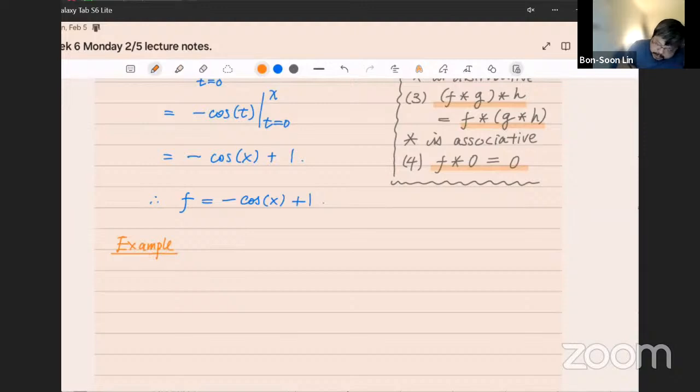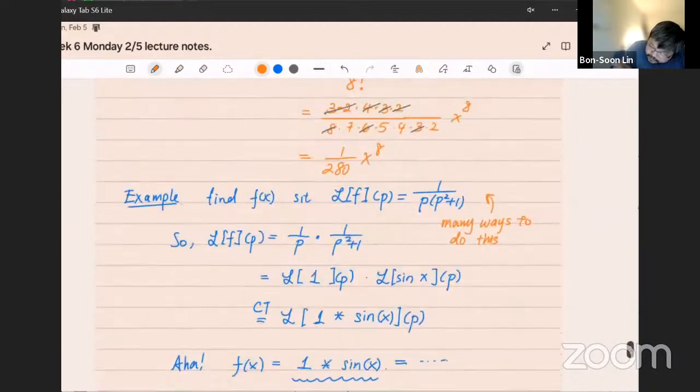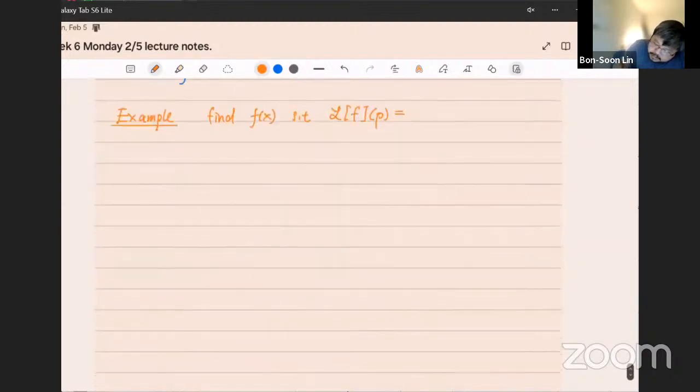But again, there are many ways to do the same thing. Find a function such that its Laplace transform is, here I gave you, 1 over p times p squared plus 1. What about 1 over p squared plus 1 quantity squared? Oh, goodness.